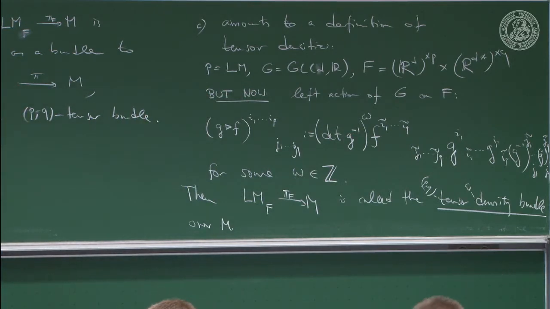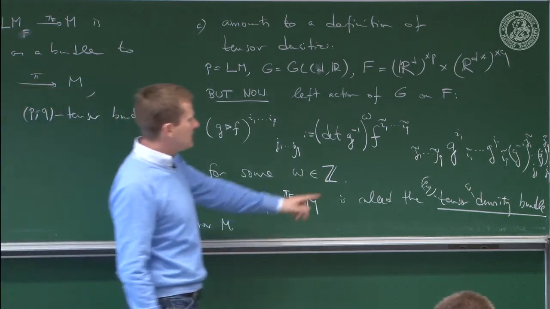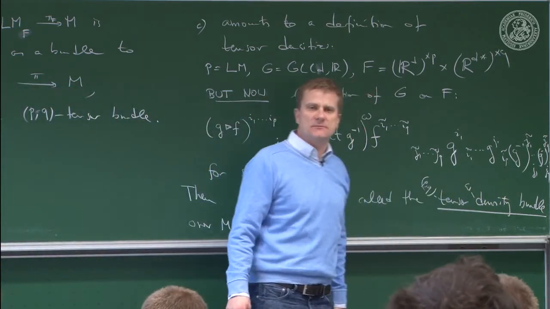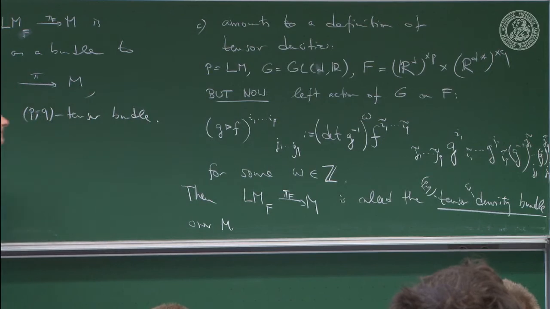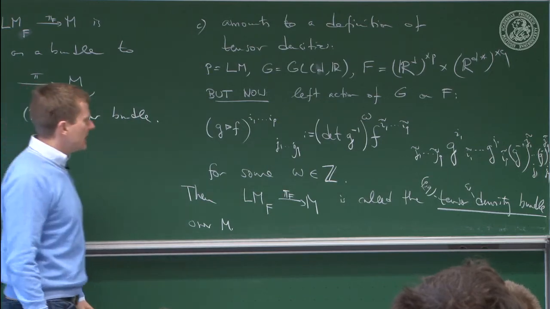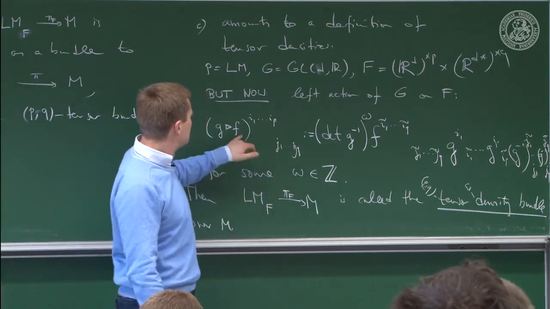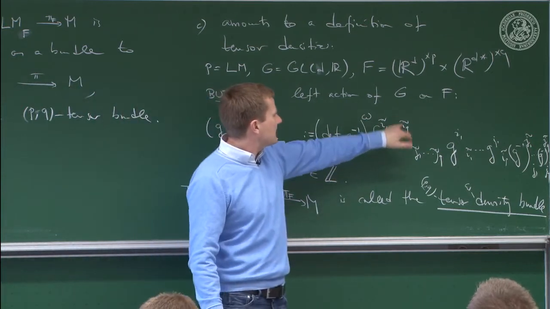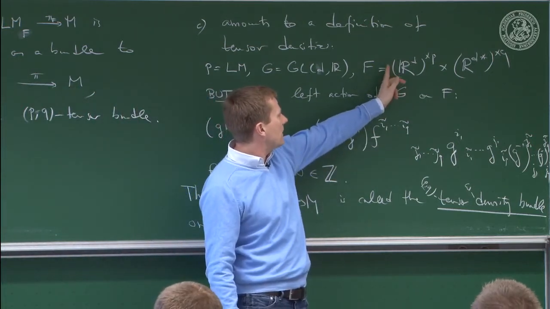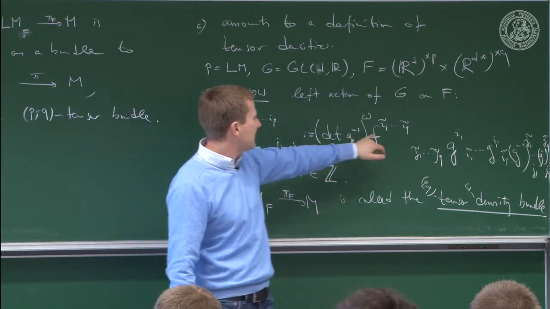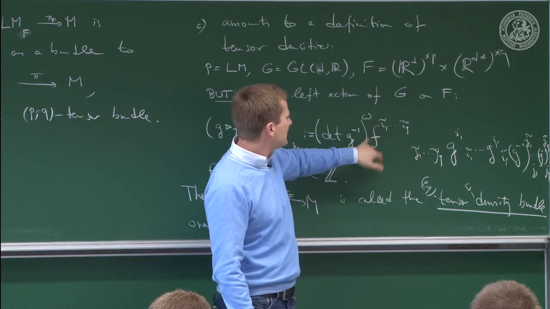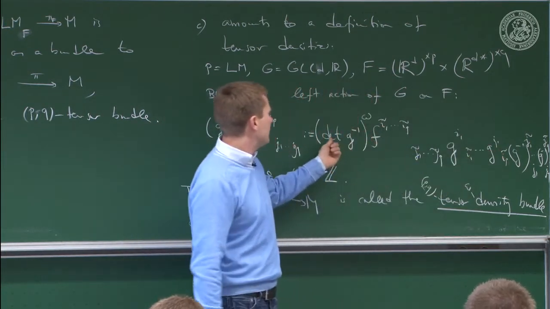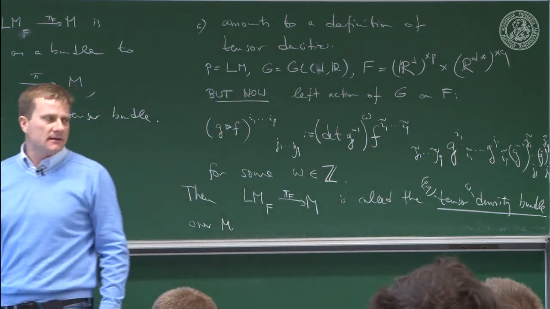So a PQ tensor is a PQ zero density bundle. Another limit case is if there's just one real number here, it's a different fiber, but then the F is kept invariant and only scaled by this, we would call a scalar density.